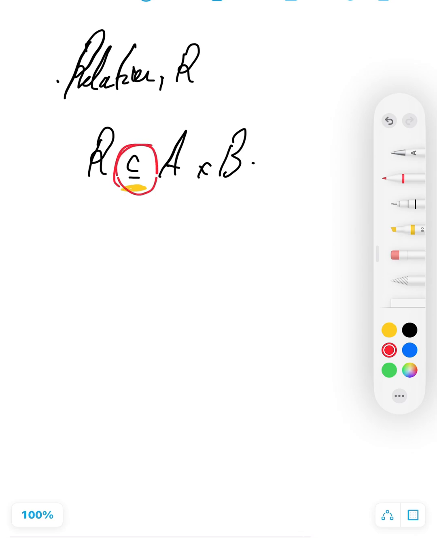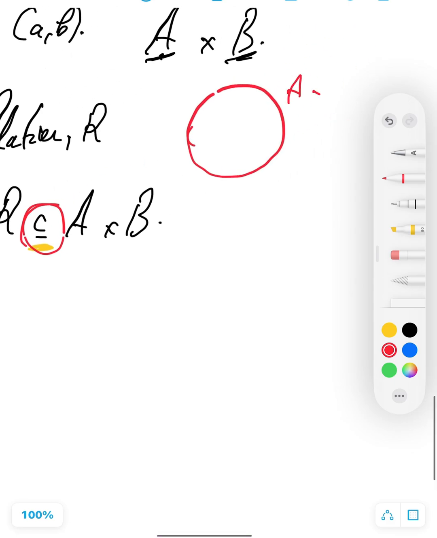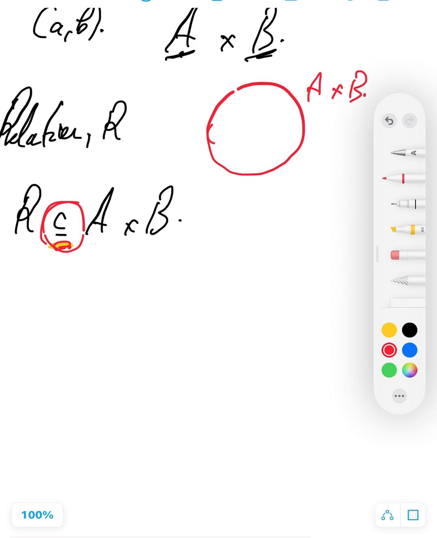A subset would focus. So here we have this new space, A times B, the Cartesian product, and the subset, the relation, right? A relation in this picture is going to represent a singular small region within this A times B. That means that we have an additional predicate that we establish for this statement, so that we could pick a little boundary within that space and create a region.